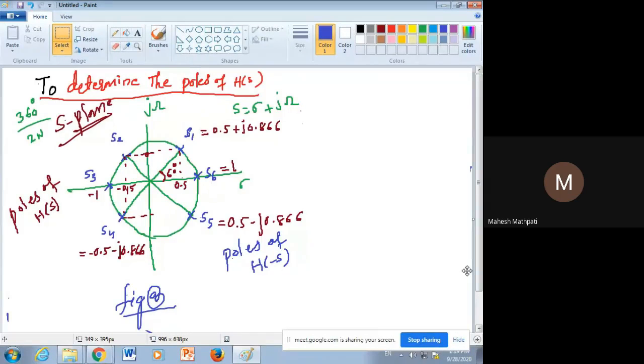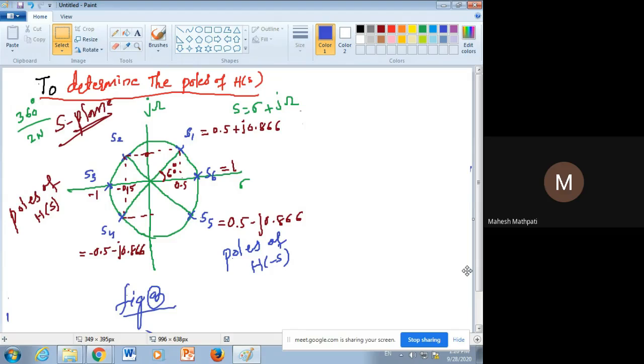In the S plane, the poles are distributed on the unit circle, half on the left half plane and half on the right half plane.